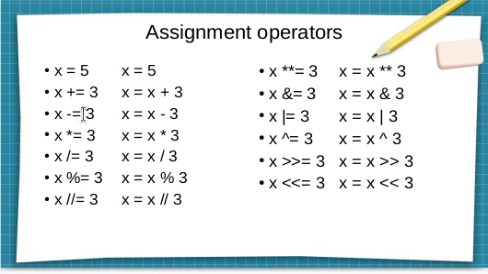So x minus equal to 3 means x equal to x minus 3, x star equal to 3 means x equal to x into 3, x divided equal to 3 means x equal to x divided by 3, x modulo equal to 3 means x equal to the remainder of x divided by 3.